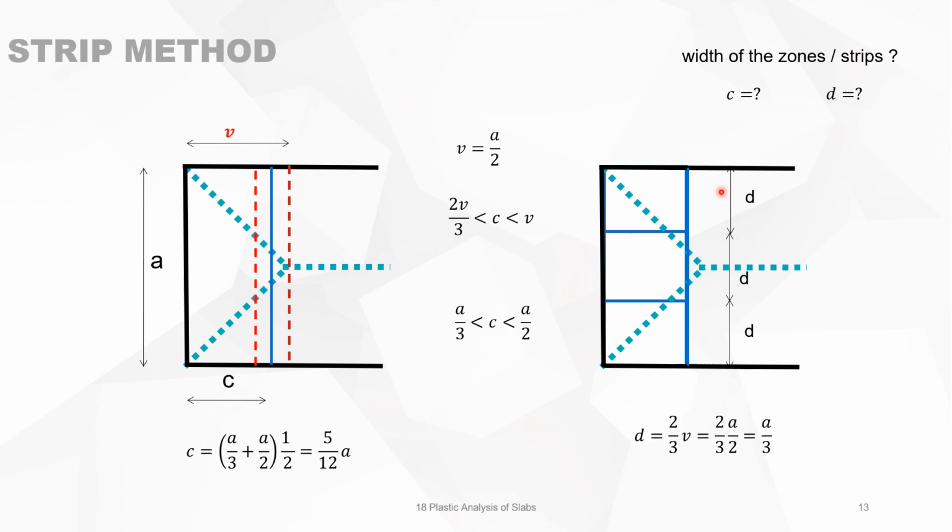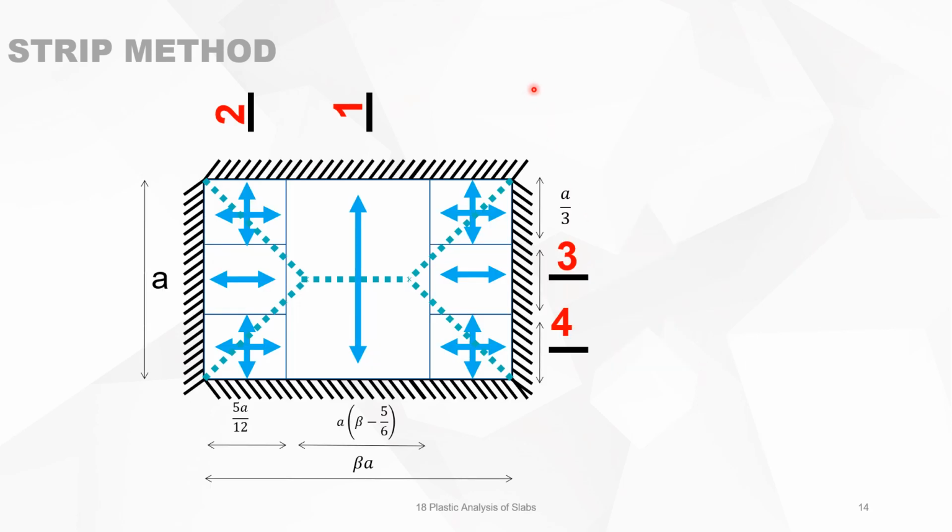In the other direction, again, it's the point of gravity, it's 2/3 of v. So in the other direction, we'll end up with d equals 1/3 of a, which is also logical. So now in the strip method and in the 4 cross sections, we have seen the value of c and the value of d.